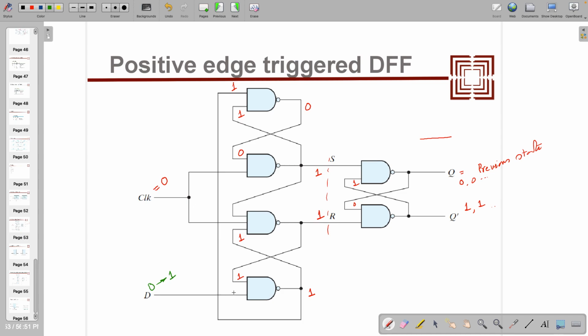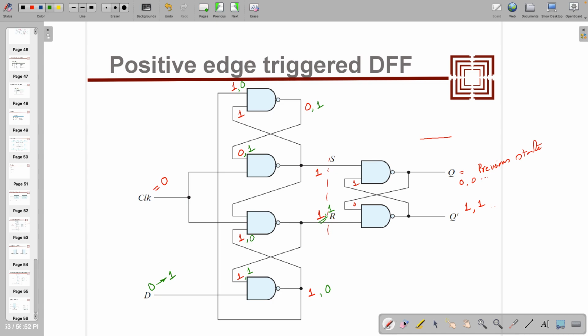This one and this one are going to give me 0, right? This 0 is going here, so it's already 1, so it's not going to change. So it again remains 1 only. This 0 is going up, so this will make 1. Even though it is 1, output will remain 1 because of the clock input, which is 0. So whatever you are doing while the clock is 0, it's not going to change anything, it will latch the previous state.